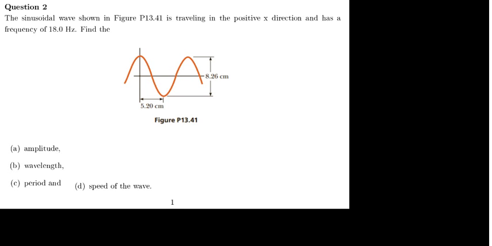That's the amplitude. So Messi is saying we need to say 8.26 divided by 2. That will be our amplitude. If we get that, 8.26 divided by 2, we are getting 4.13. So Messi is saying 4.13 centimeters is our amplitude.